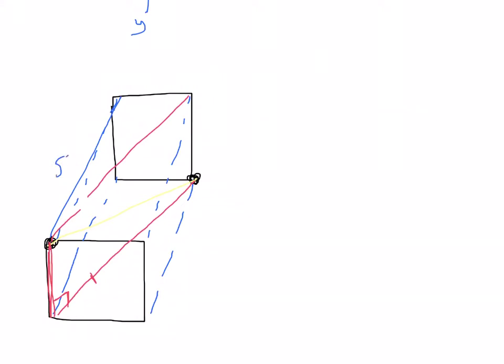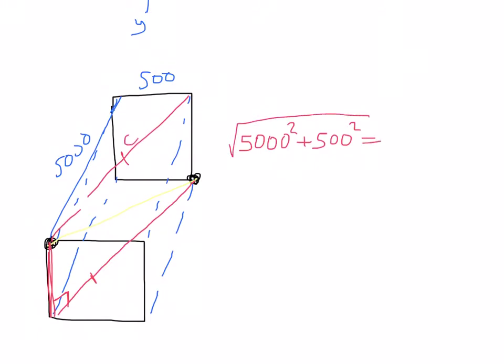This is 5,000, this is 500, and now we can solve for this. So, of course, we do 5,000 squared plus 500 squared, and the square root of that, we'll just call this C. That is equal to 5,025 meters.